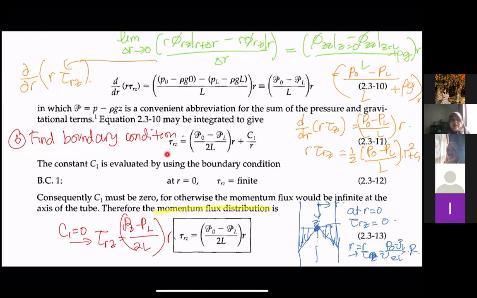This is number 6, to get the boundary condition. So you have to find the appropriate boundary condition. And then you will get the momentum flux distribution and also sketch the value. And after that, the next step is I will ask you to find the velocity distribution.